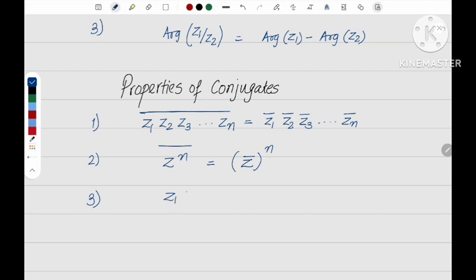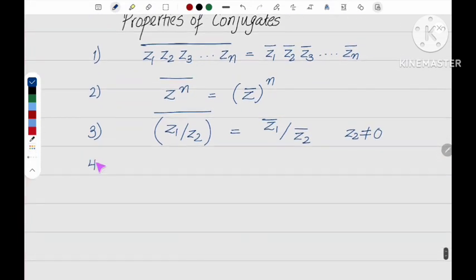about division, z1 upon z2, if I divide this and take the conjugate, then it is equal to conjugate of z1 upon conjugate of z2. So I can say this bar basically distributes to respective complex numbers, then this bar or this conjugate also distributes to division, and of course every time I write division I have to be careful that the denominator is not equal to 0.